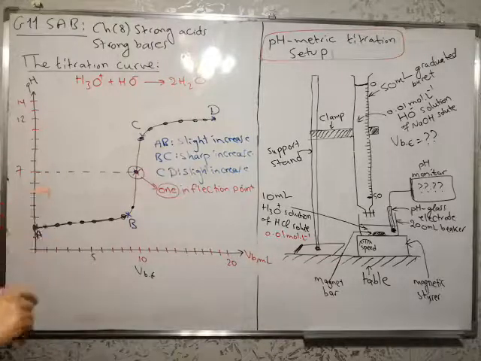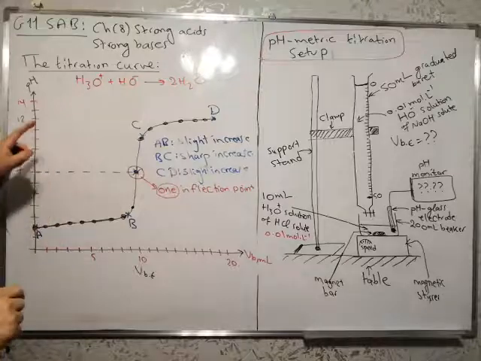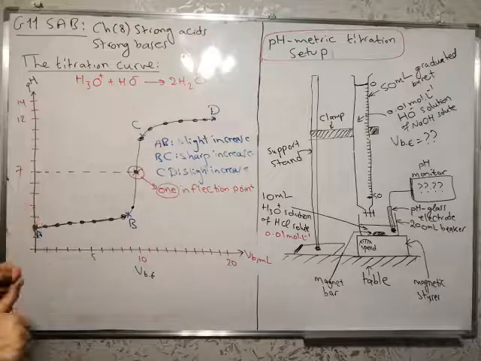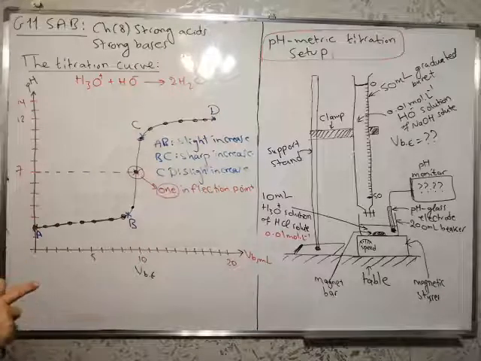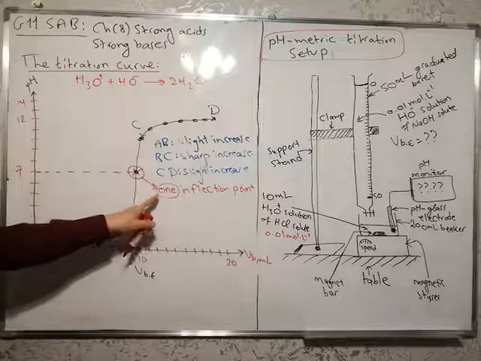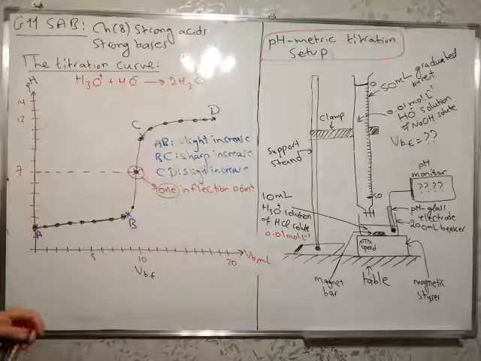In contrast to the titration curve, as we will see later, between a strong acid and a weak base, or a weak acid and a strong base, where we are going to see two inflection points instead of one inflection point.